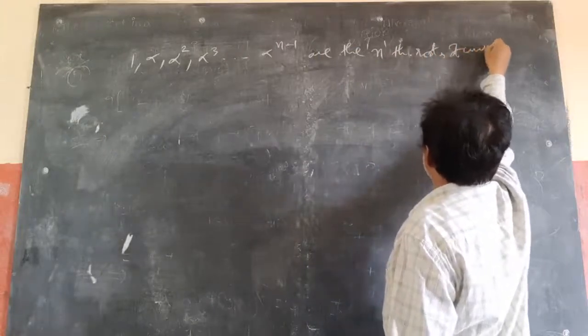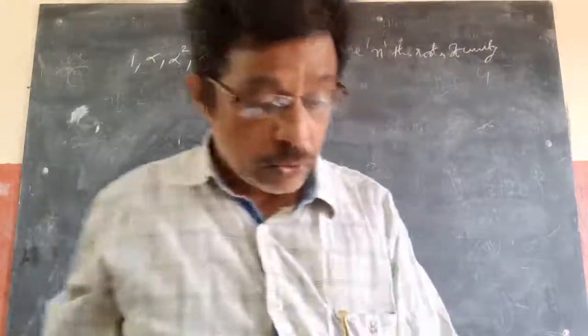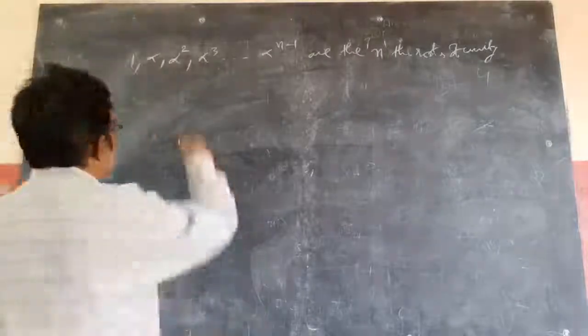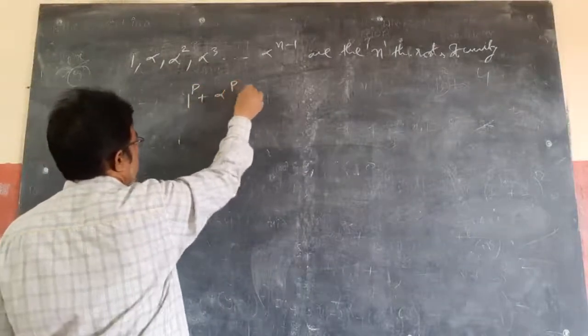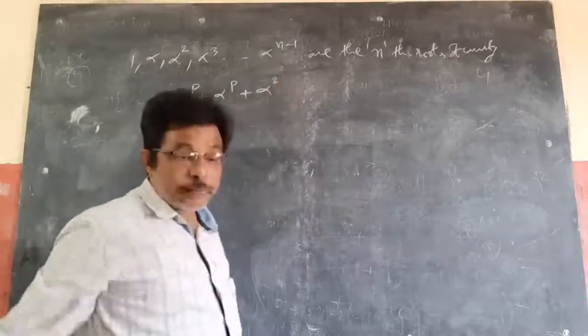Then prove that (1 power p plus alpha power p plus alpha power p whole square, meaning alpha power 2p).